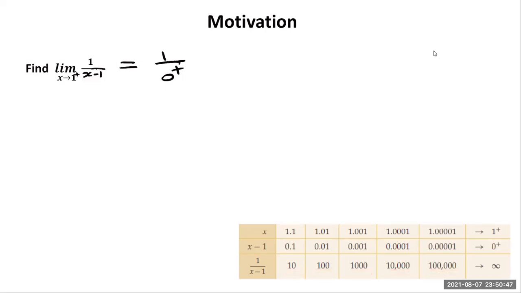So it looks like from this table, as x approaches 1 from the positive side, your function value is approaching infinity. In fact, the limit of this one is infinity. If you take a limit of this form 1 over 0 plus, we say that the limit value is infinity, or in other words, as x approaches 1 from the right-hand side, the function value approaches infinity.